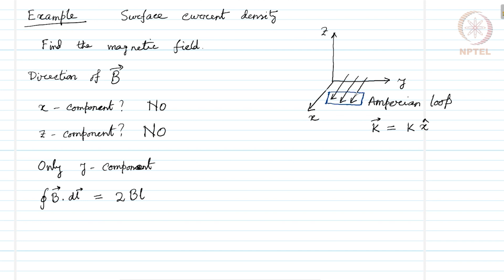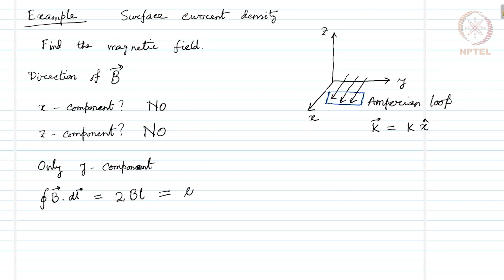Above it is positive z cap and below it is negative z cap. Therefore, the direction of r cap will change. Therefore, B will flip sign, and that will always be in parallel with dl. Therefore, we will have twice BL instead of cancelling the contribution from each other.